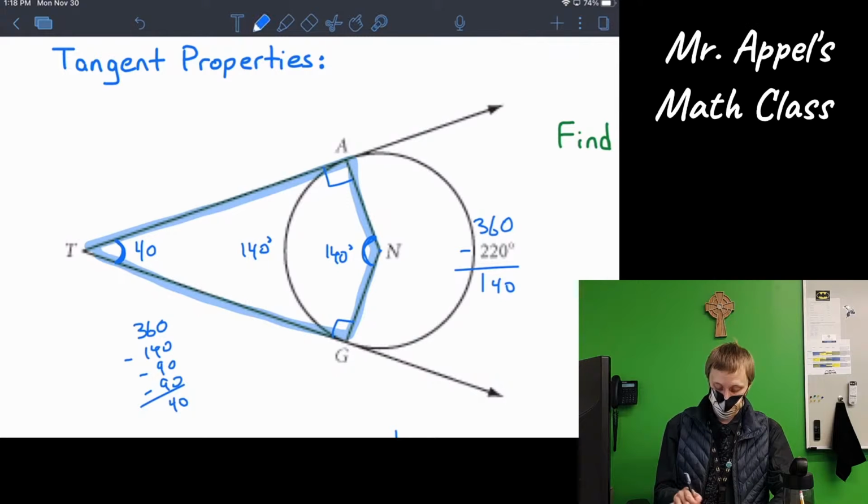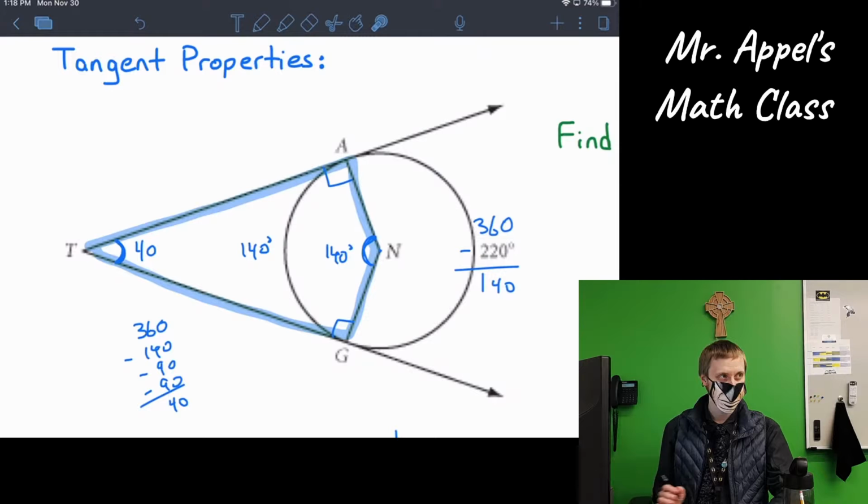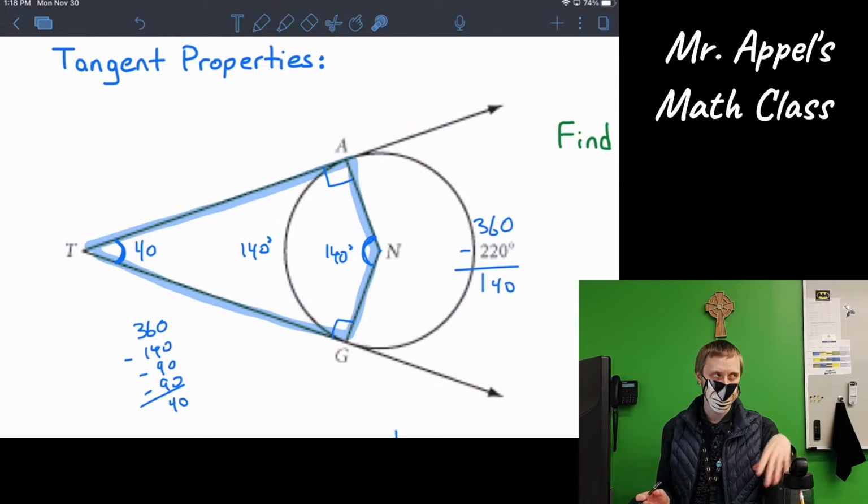We've got two angles that are congruent. We've got a pair of angles that are supplementary. We've got a pair of congruent sides here. It's not a diamond. Diamond is not one of our math terms for the shape.